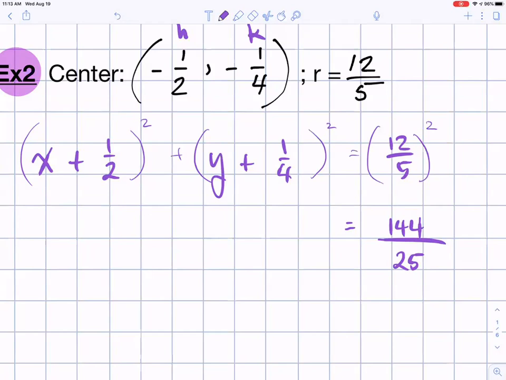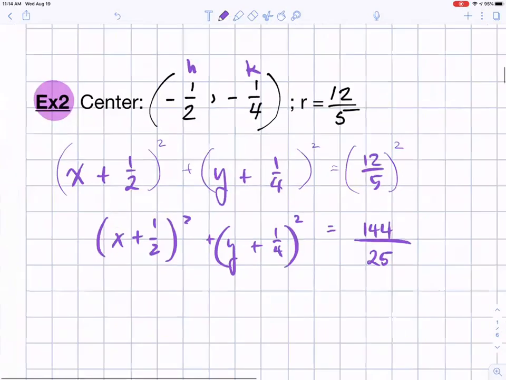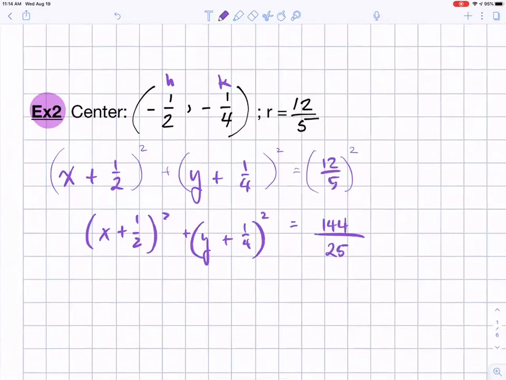And on the other side, I'm just going to copy what I already had: x plus a half quantity squared plus y plus a fourth quantity squared. And that is my standard equation, which is what I was asked for. So I'm finished with that one. Now, take a look at what you had. You had 3 pieces of information given to you in that question. What were the 3 pieces?